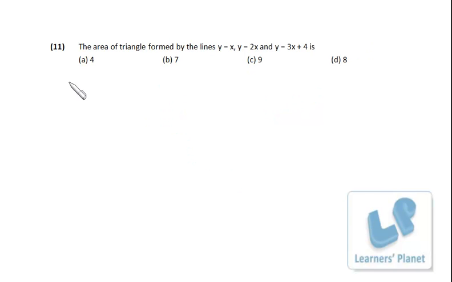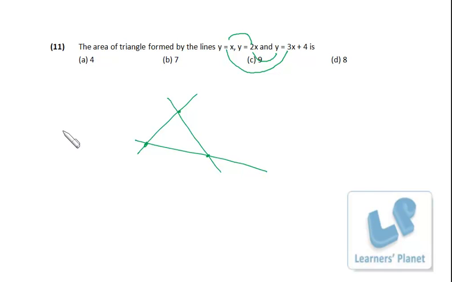Okay, area of the triangle formed by these three lines. So these are the lines, suppose like this, whatever. Okay, so 3 points. First of all, we need to know these are nothing but the intersection points of the lines, right? Intersection of these two and these two. Okay, so from these set of points we can calculate the area of the triangle, right?